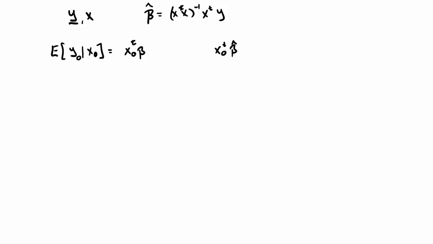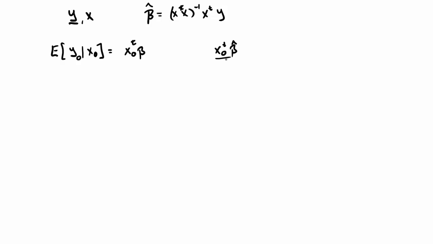So we can create a confidence interval for this prediction very easily using the tools that we've developed so far, because this is, again, just a linear contrast of the betas, which we've already covered how to create a confidence interval for.